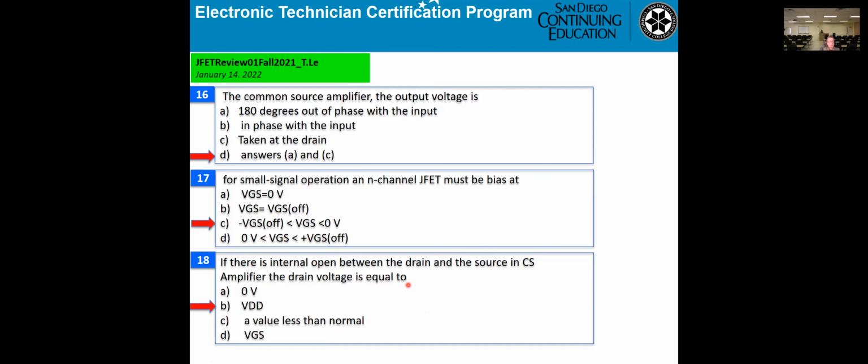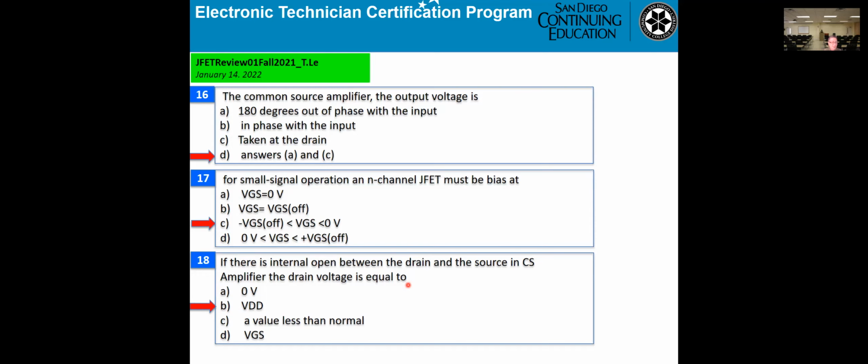So the drain voltage equals VDD. The thing is ID equals 0, no voltage drop across RD.